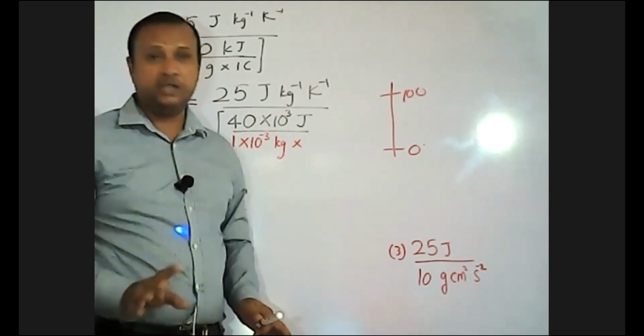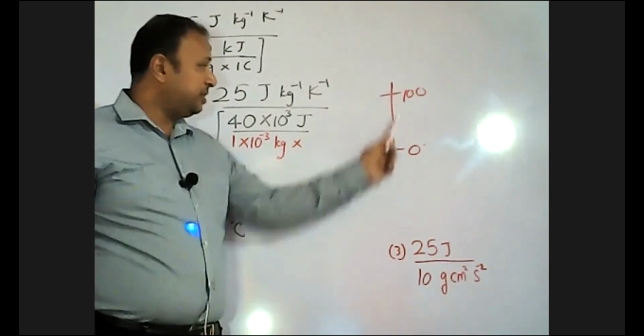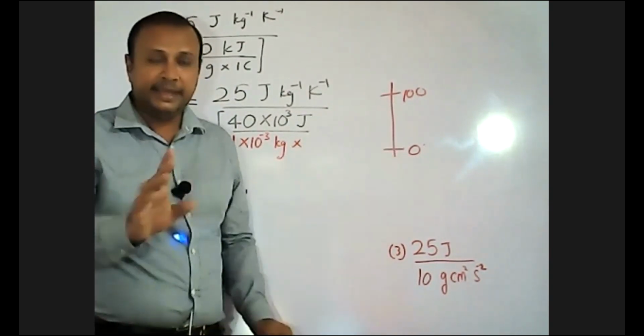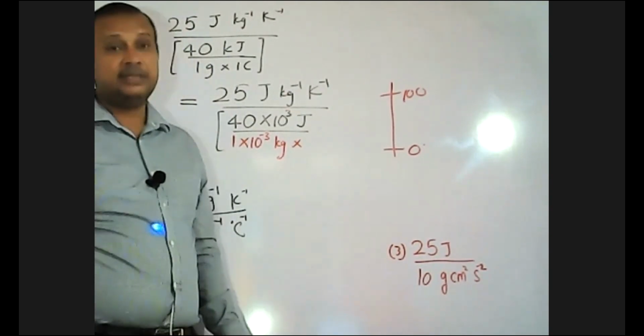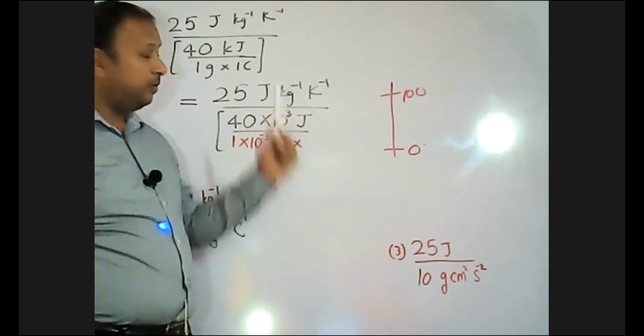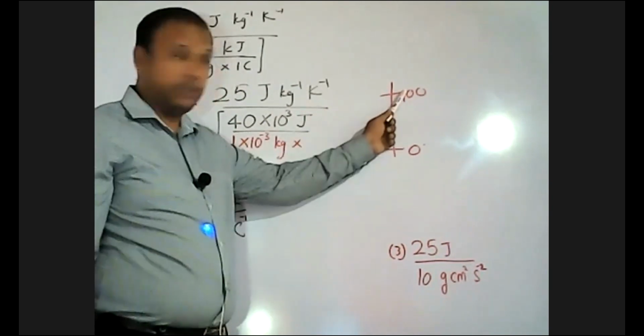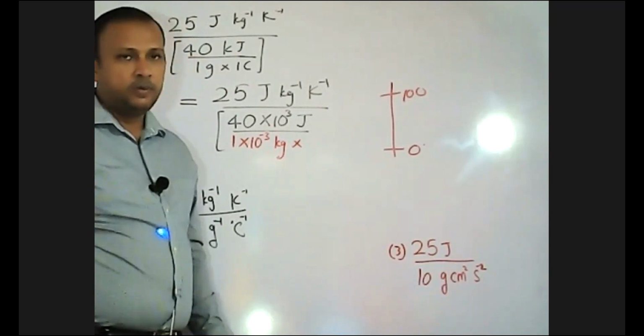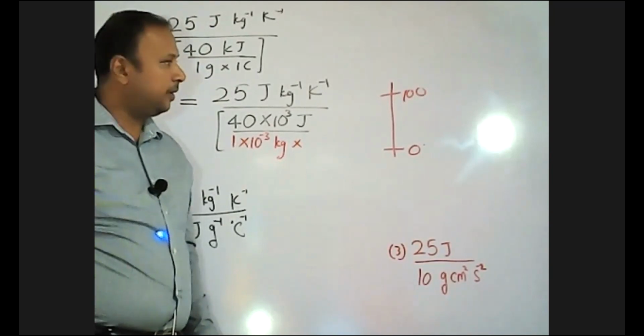So those are not changed. The temperature difference between them is equal in any unit. But if we want to calculate a temperature, then you can convert it to other units.